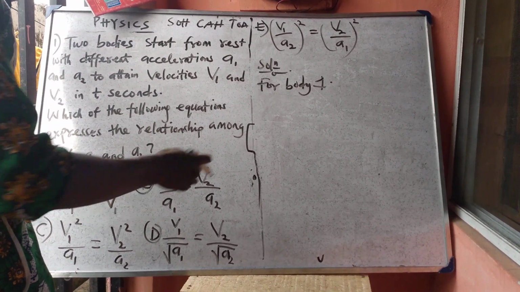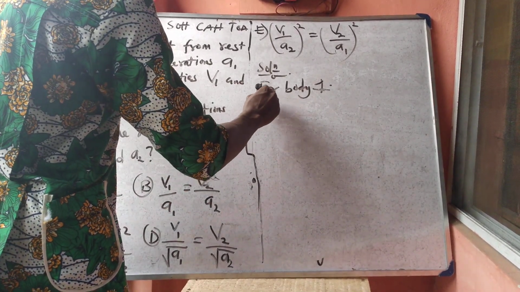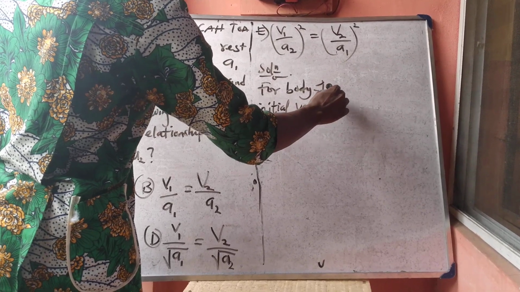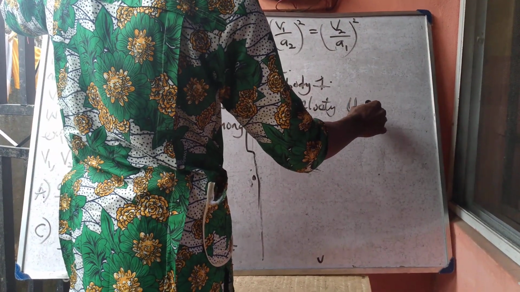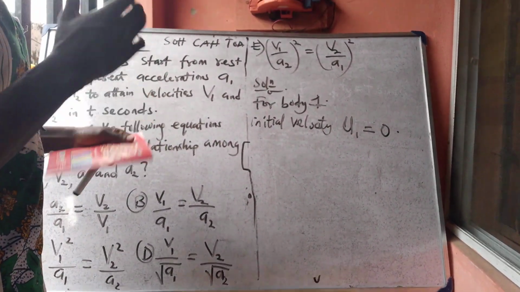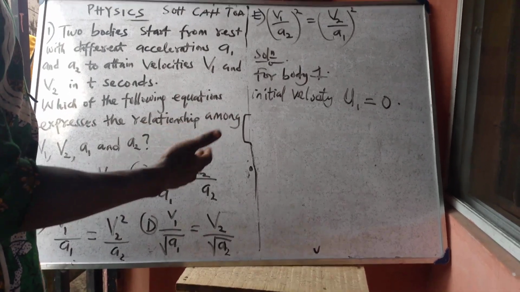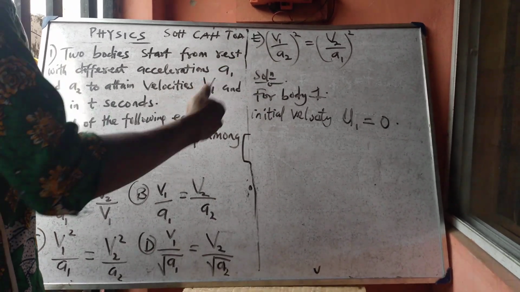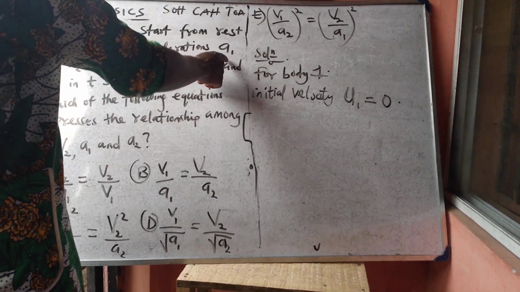So the initial velocity of body 1, which is u1, is equal to 0. That is it when you're looking at the concept of rectilinear acceleration or uniformly accelerated motion. And it moves with an acceleration A1.